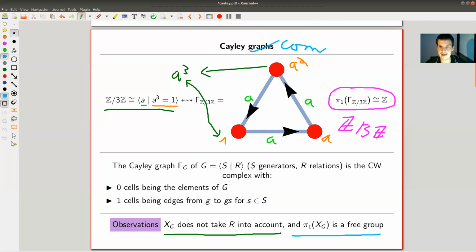So instead of Cayley graphs, I would like to tell you about Cayley complexes. They use Cayley graphs, of course, but they encode relations as well in the following way. I'll show you an example in a second. But basically, the relations should correspond to disks that you will glue in. Why? Does it make sense? Well, pi1 of a graph is a free group, and every group is a quotient of a free group.